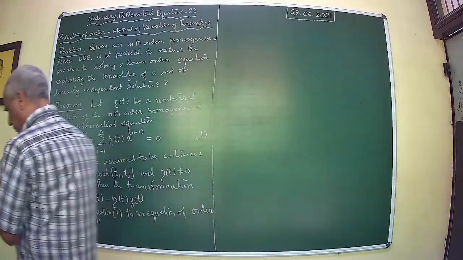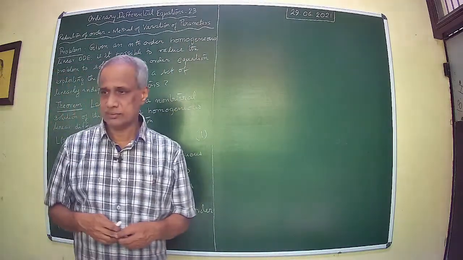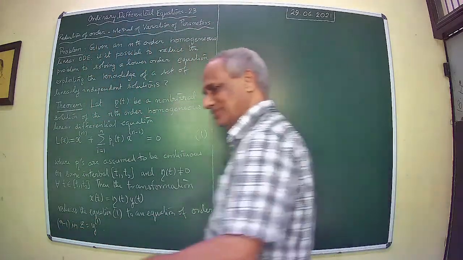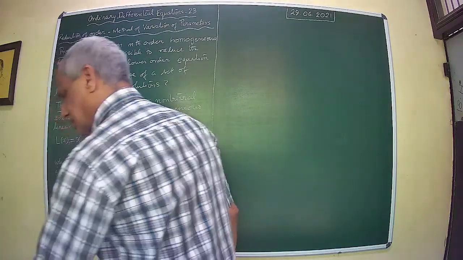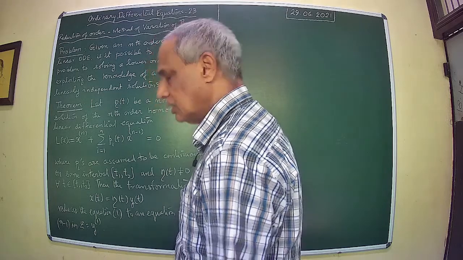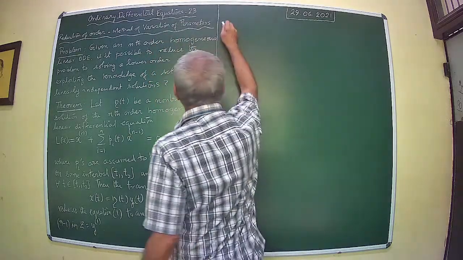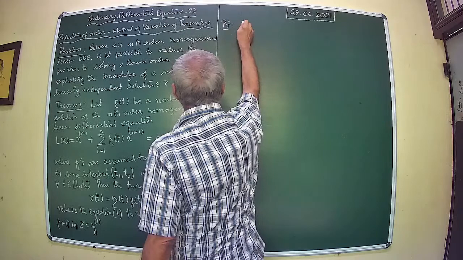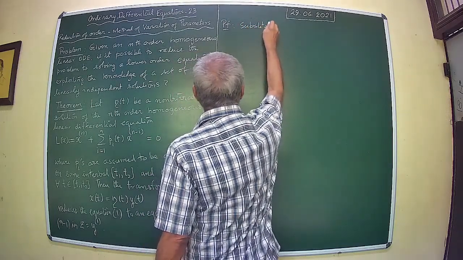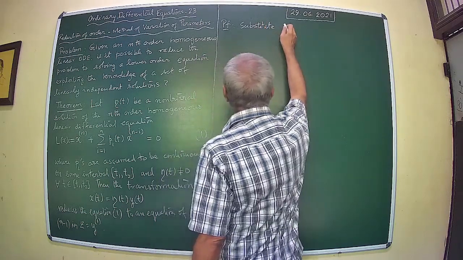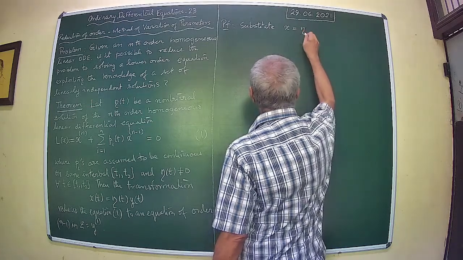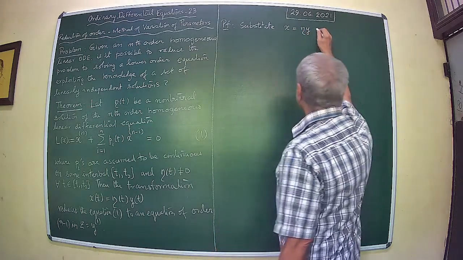Now it's quite simple to prove. I mean, there's no complication at all. The proof is very simple. What you do is, set X equal to eta y.